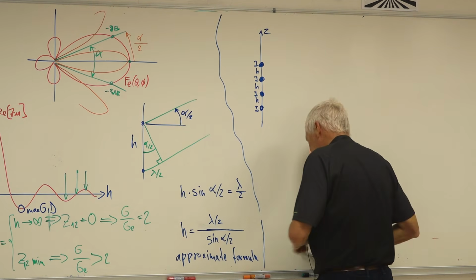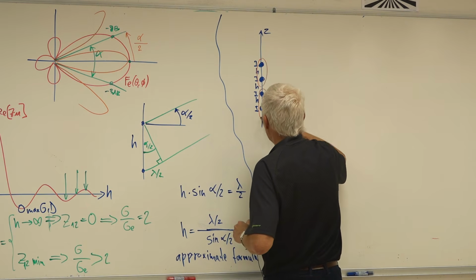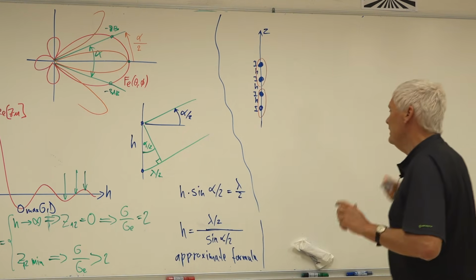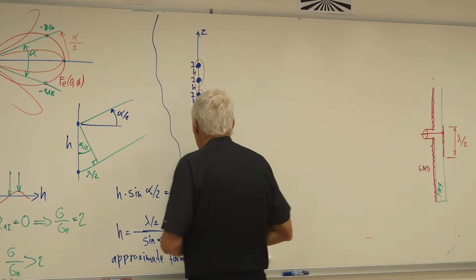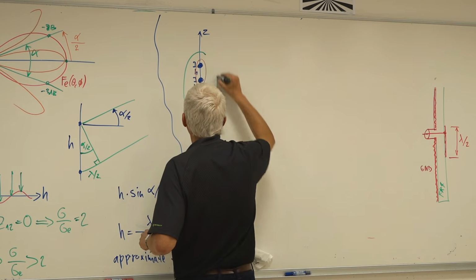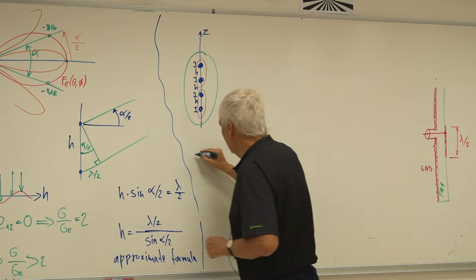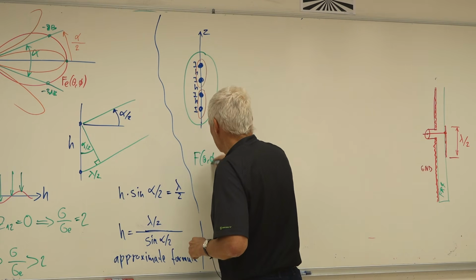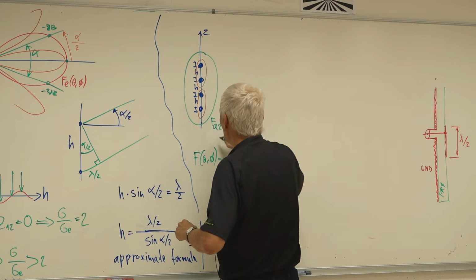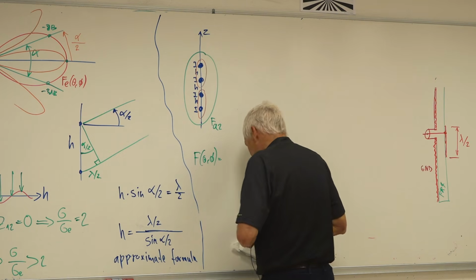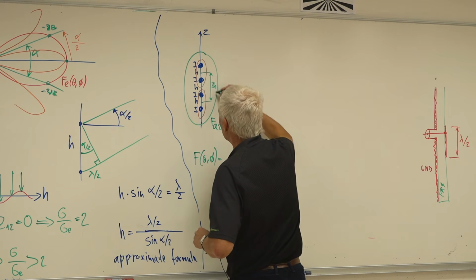We first take an array made of the upper 2 sources. And we have the same array down here. And when we have the array of these 2 sources and 2 sources, we further combine them into an array, taking again 2 arrays. So the whole radiation pattern, f of theta and phi here, will be the array of 2 antennas at a spacing of 2h.